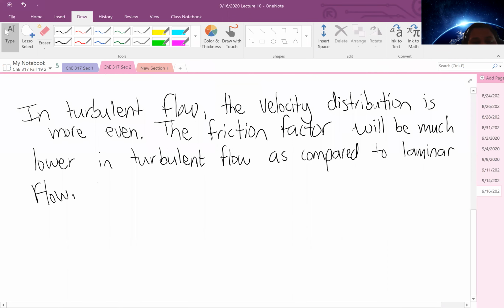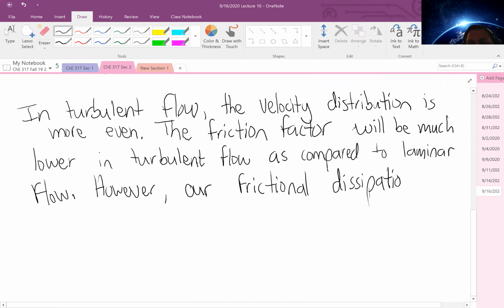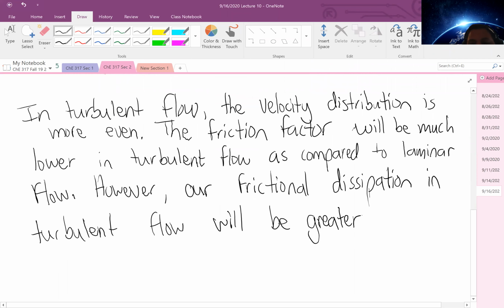However, our frictional dissipation in turbulent flow will be greater as compared to laminar flow.